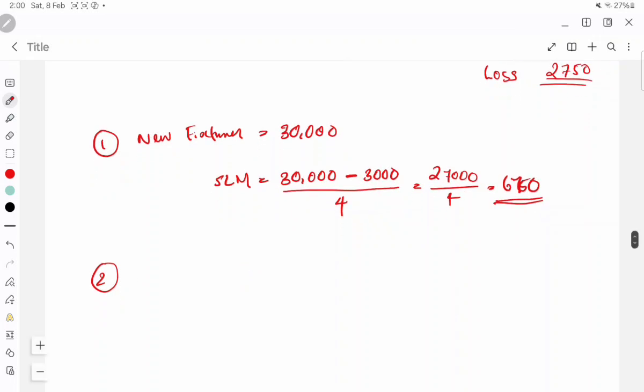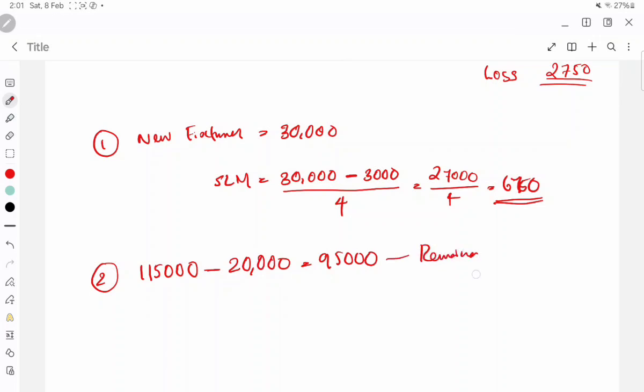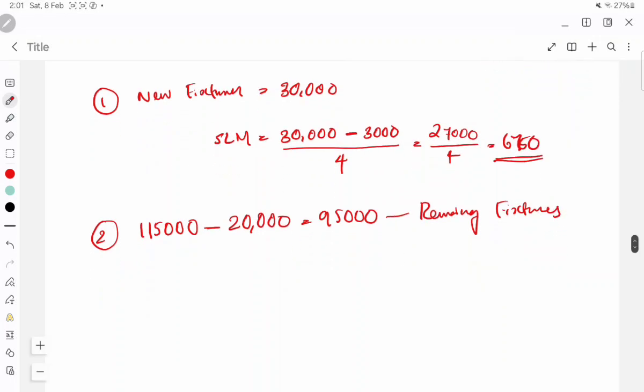Next, the remaining fixtures. The cost was 1,15,000, isn't it? And how much did we sell now? 20,000 worth of assets we sold off. So 1,15,000 minus 20,000 is 95,000. This is the remaining fixtures in the business. For the remaining fixtures, we need to calculate the depreciation for the current year, right?